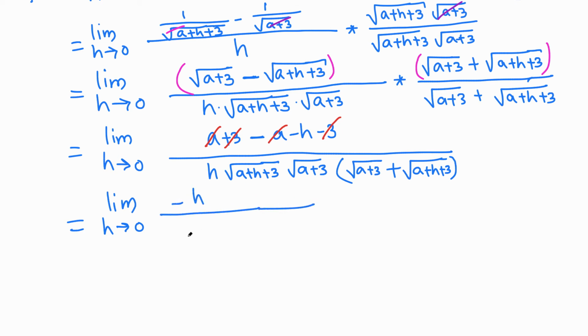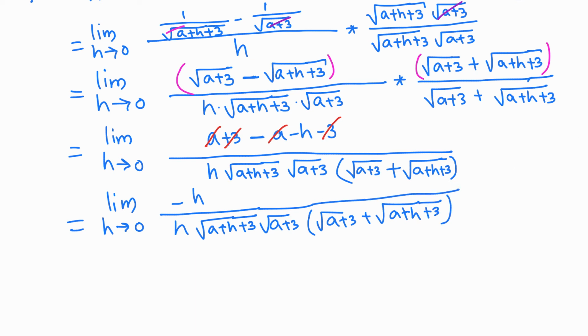Okay, it's tedious to write, but there is no other option. Now we can cancel the zero-making factor. Finally, h cancels, so negative 1 is left on the top.